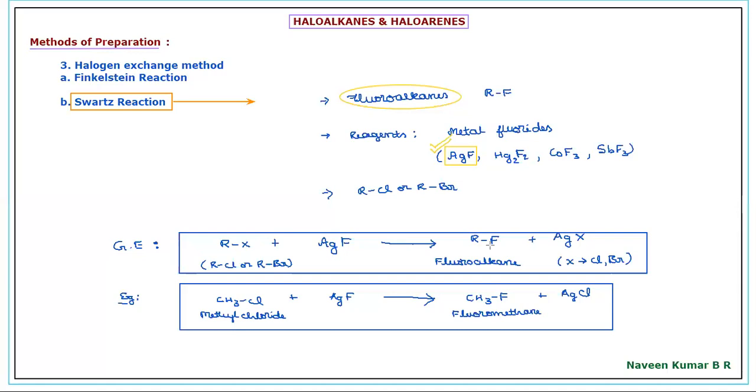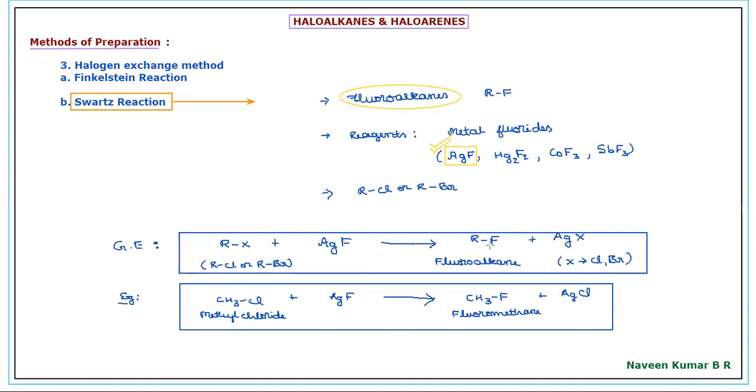With this, we have completed all the methods of preparation for haloalkanes and haloarenes. We'll summarize quickly what we have considered. First, by using alcohols: treating the alcohols with hydrogen halides, phosphorus pentahalides, and phosphorus trihalides, and treating the alcohols with thionyl chloride.